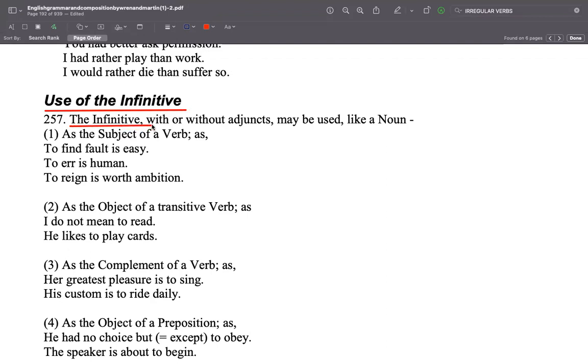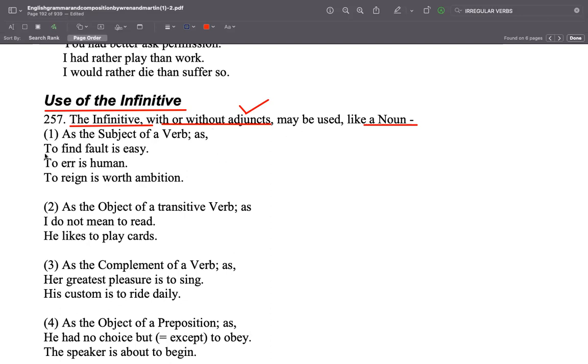The infinitive with or without adjuncts may be used like a noun. Now, what do you mean by adjuncts? The meaning of adjunct is without having an adverbial form. The infinitive with or without any kind of extra word can be used.